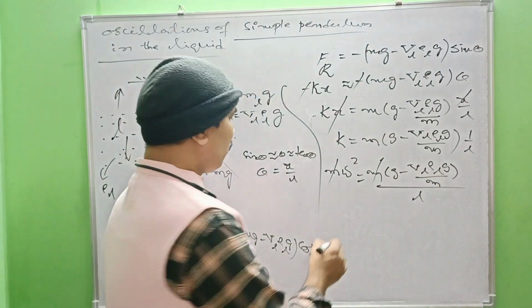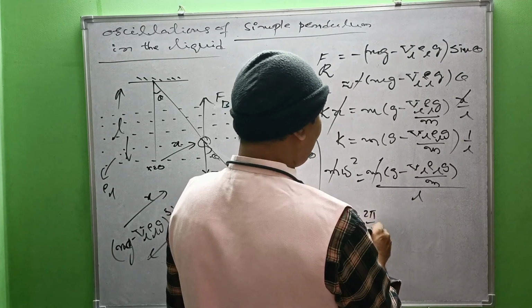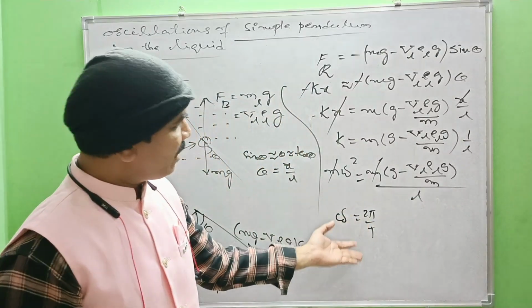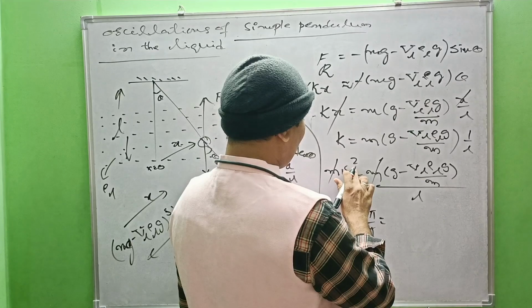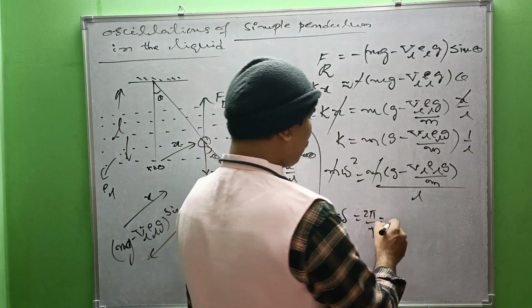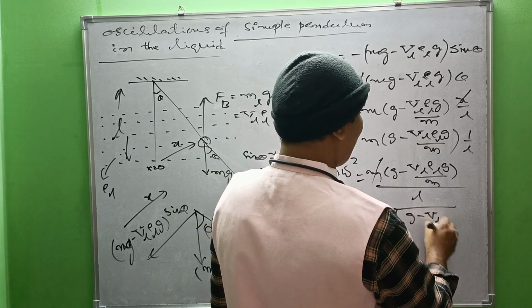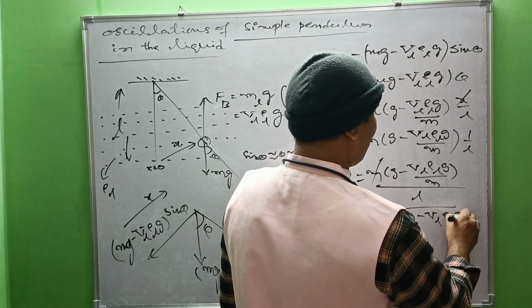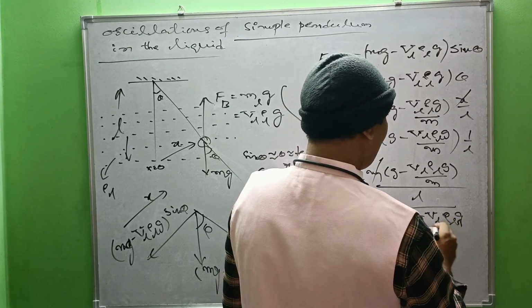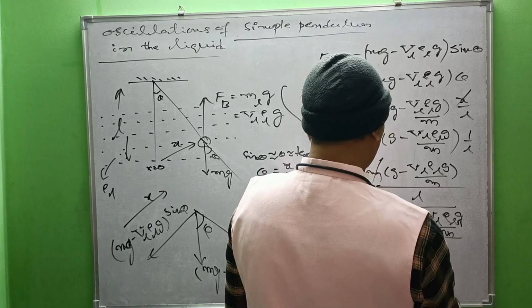Now omega equal to 2 pi by T. We know that omega equal to 2 pi by T. If omega is made the subject, omega equals root over g minus VLρ_L g by m whole by L, under root. Okay.